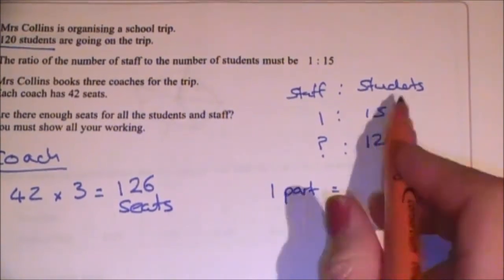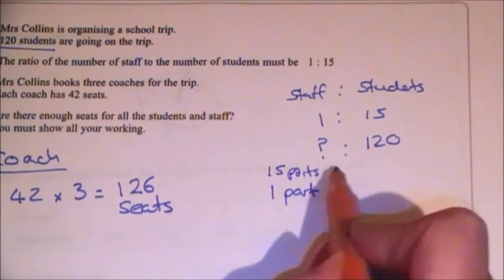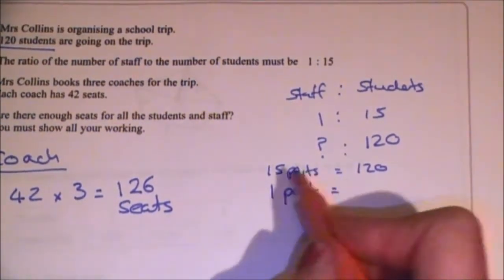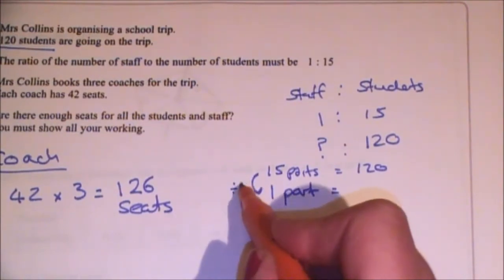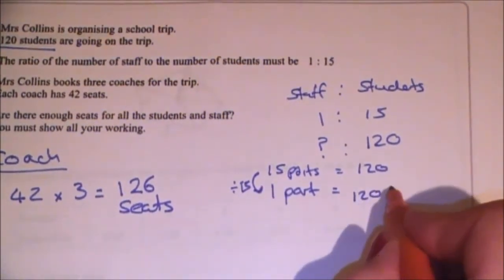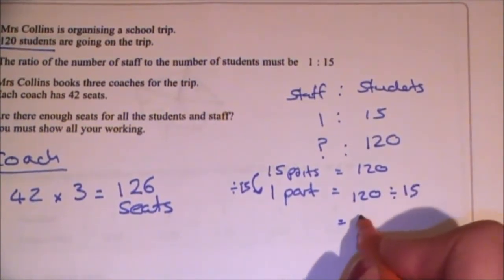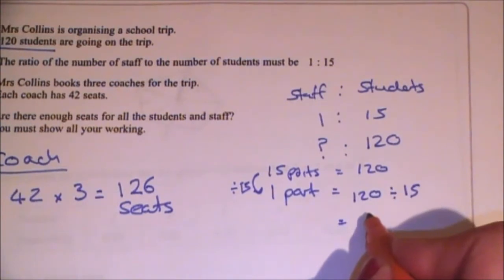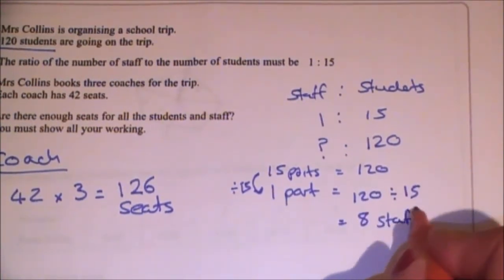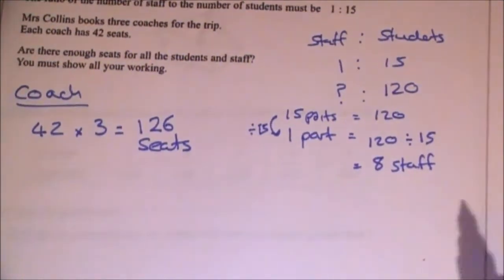Now, if I know that 15 parts is equal to 120 people, then 1 part is going to be divided by 15. So I'm going to do 120 divided by 15, and that's going to tell me that 1 part is worth 8 members of staff.